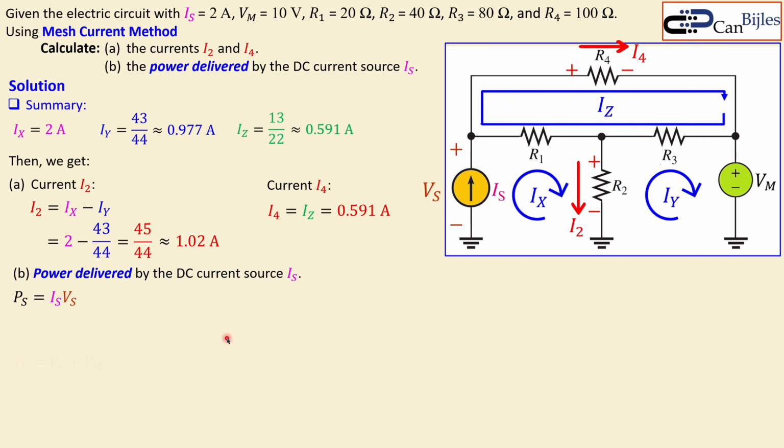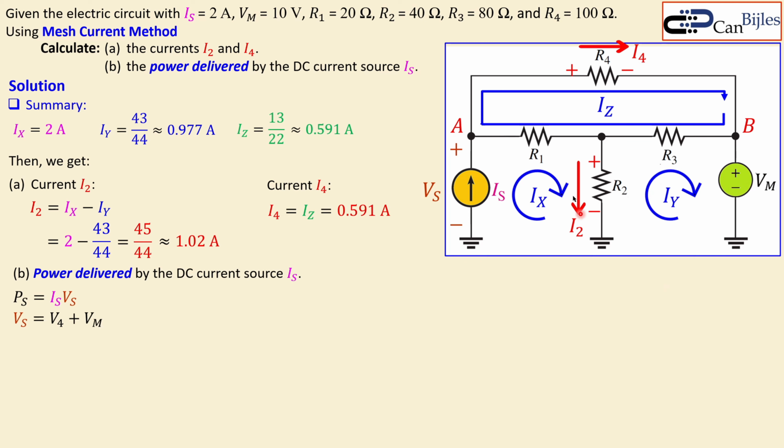But it can be calculated, because we can say Vs is equal to the voltage across this node A and the ground, or between A and B plus Vm. That is again Kirchhoff's voltage law. The Kirchhoff voltage law says Vs, this voltage, is the voltage across R4 plus the voltage across Vm.